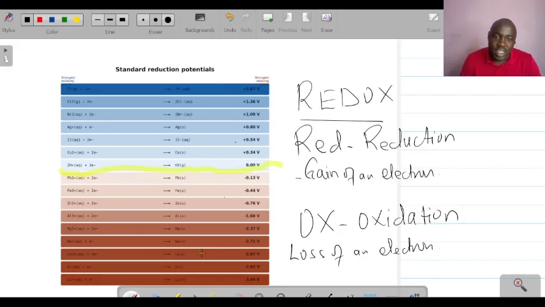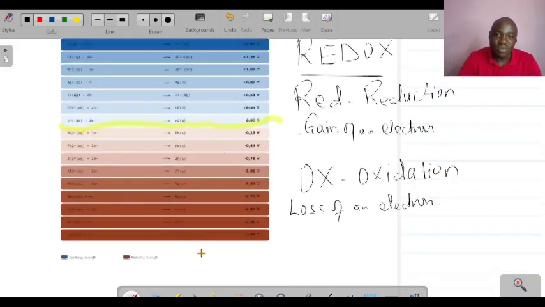So if you have an element that has a high ability to gain an electron more than hydrogen, then we say it undergoes reduction. And because of that, it is assigned a positive standard reduction potential.